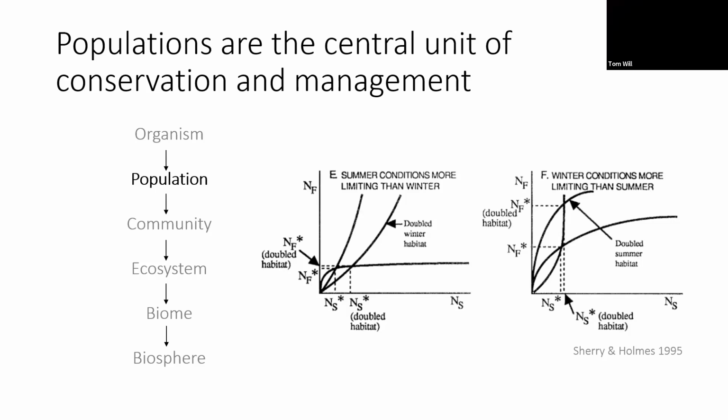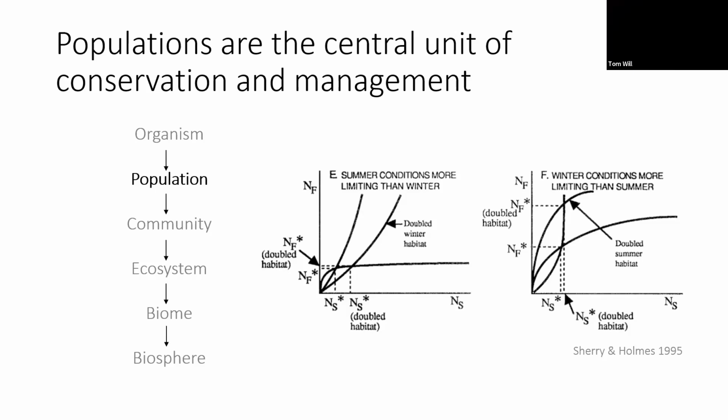And we have decades and decades of population ecology, thinking about what makes populations change over time or space. So I pulled this figure out of Sherry and Holmes, thinking about seasonal limitation and winter populations limited during the breeding or summer, right? Just to illustrate that we have this very long history of thinking about populations.